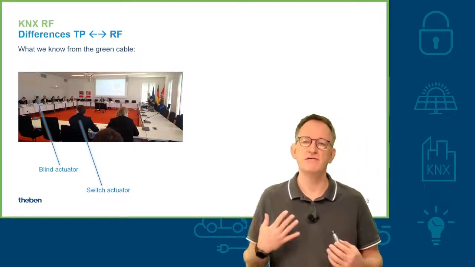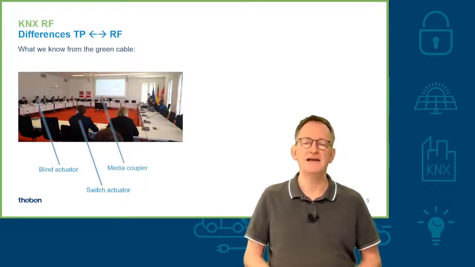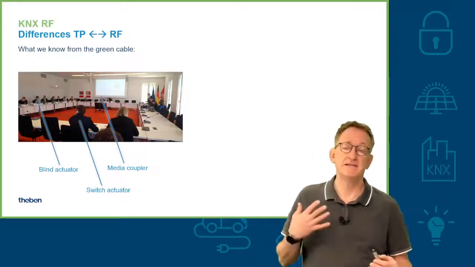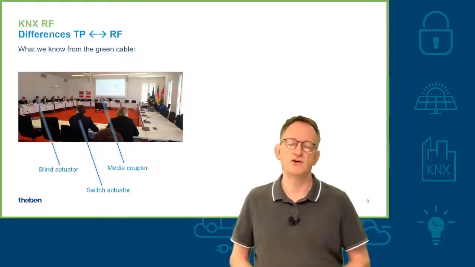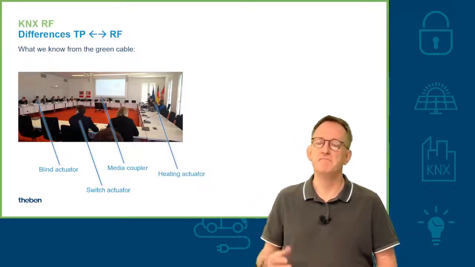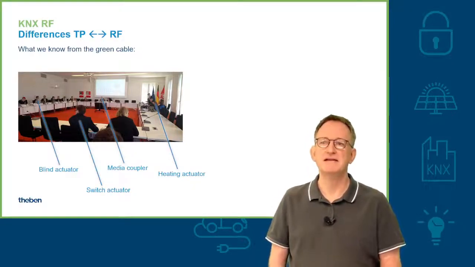We have here a very solid, very robust communication. All the others in that room are quiet, they are listening, but they do not disturb that communication. So it is very robust and reliable communication. That's what we have typically on the green cable.